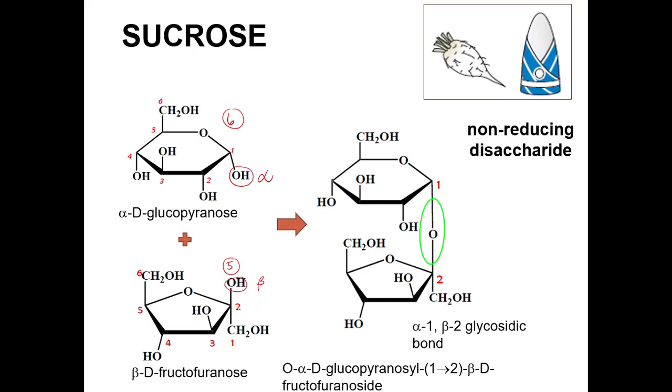So, the beta in carbon position 2, and then the alpha in position number 1. So, yung bond na mapo-form natin is alpha 1, beta 2, glycosidic bond. So, if we will assign a systematic name for this, it will become oxygen O, O-alpha D glucopyranosyl 1,2 beta D fructopyranoside.